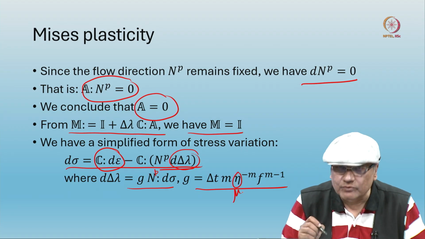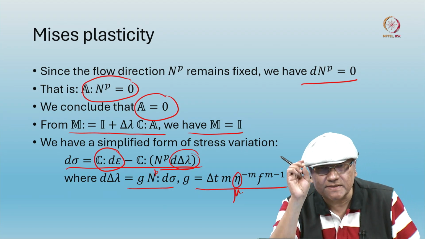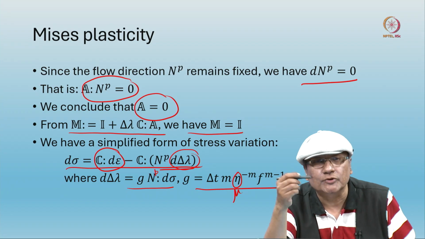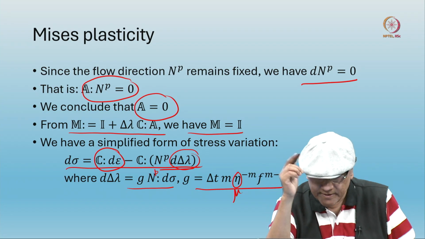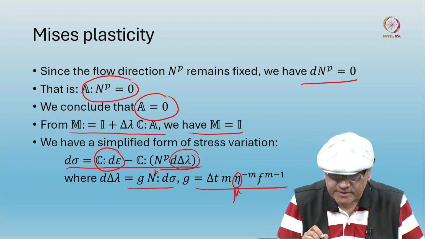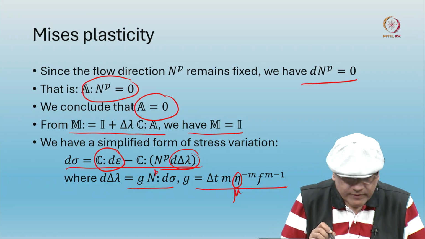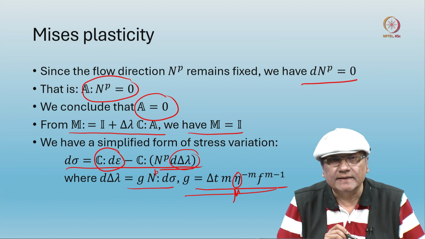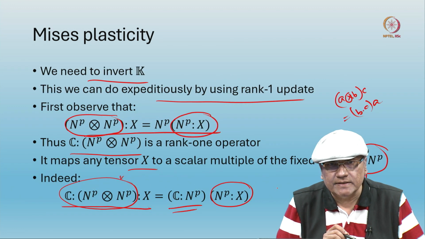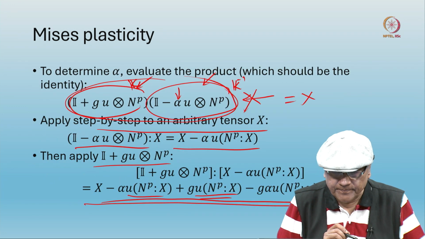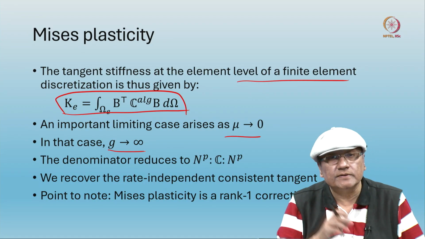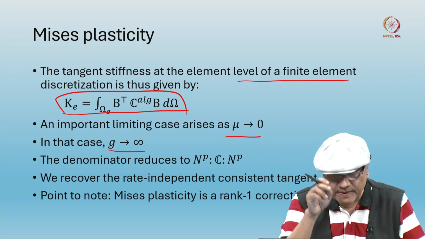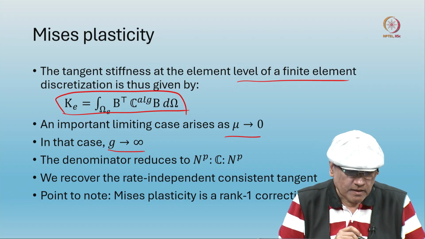I have been telling you there are some inconsistencies in my notation, a double notation, we are using eta also for mu. When mu tends to 0, you will see from this expression that G tends to infinity, because mu comes below in the denominator.